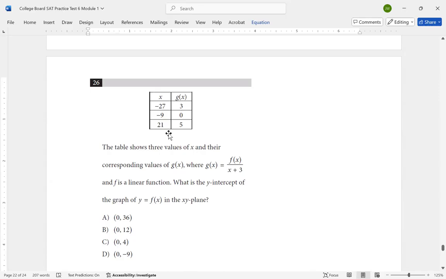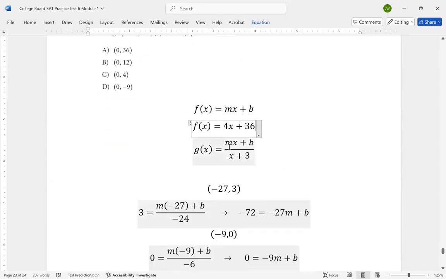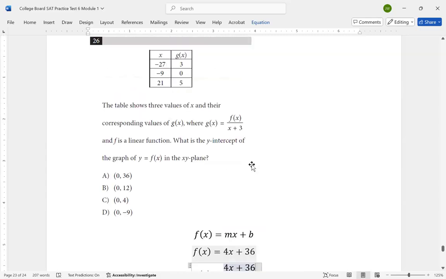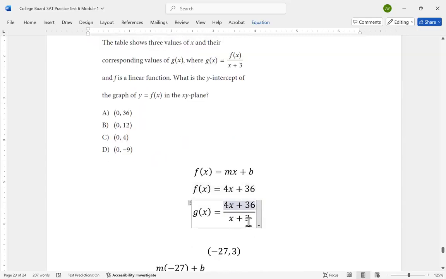So if you wanted to plug in 21, you do 4 times 21 plus 36, and then divide by, oh, I'm sorry, what do we plug in? 21, I'm sorry. Divide by 24.